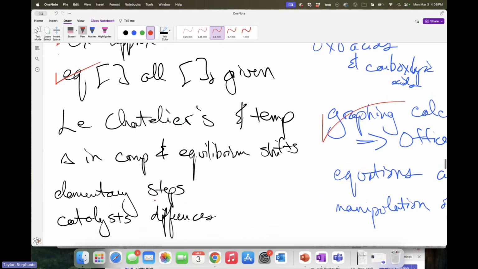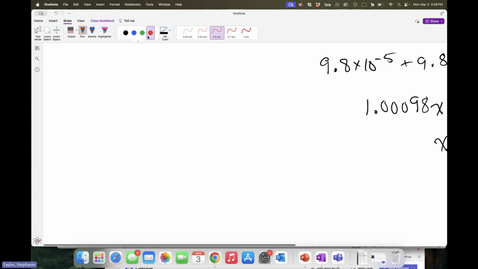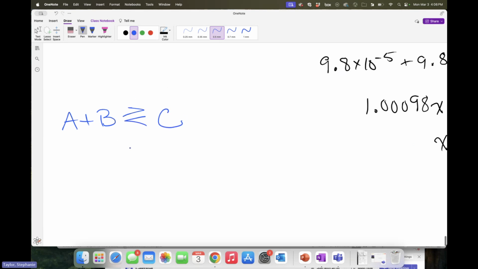We're going to go ahead and deal with Le Chatelier's principle and temperature and equilibrium shifts in general. First of all, Le Chatelier's principle is the one that basically says, if I have a bunch of stuff and we change something, tell me what happens.